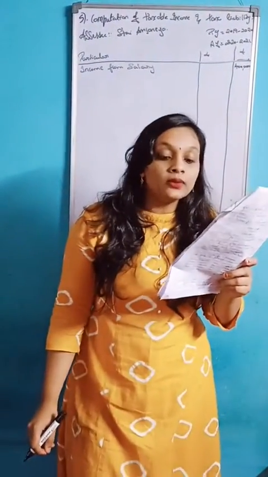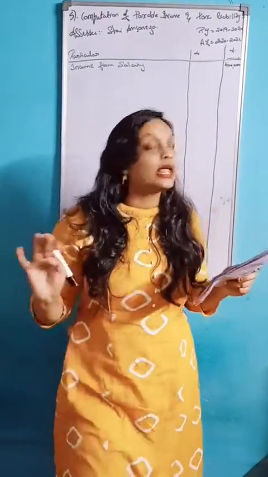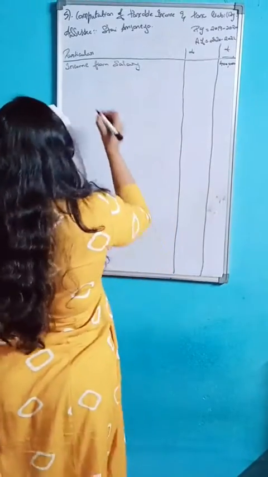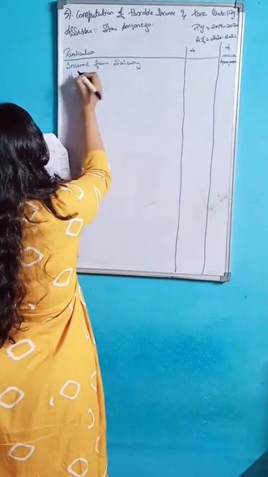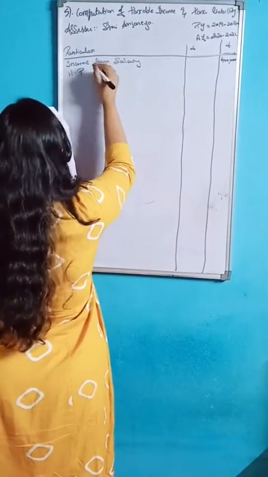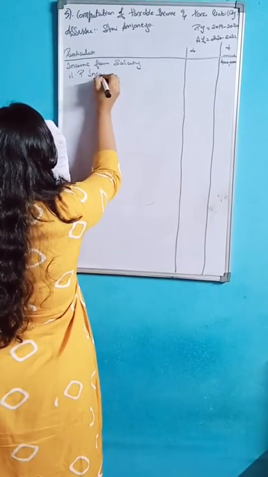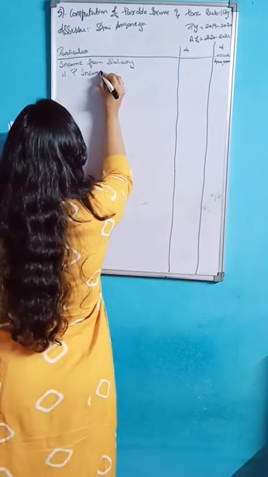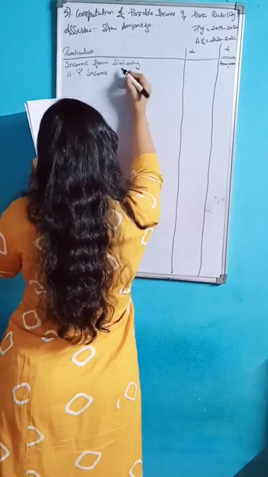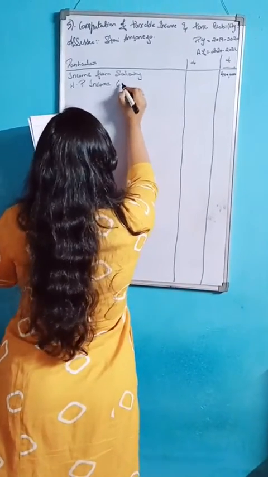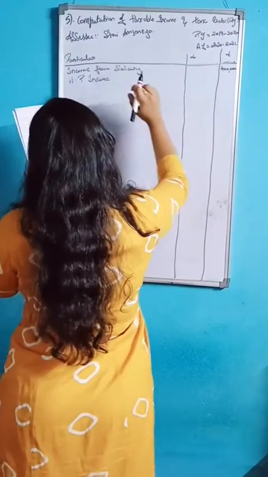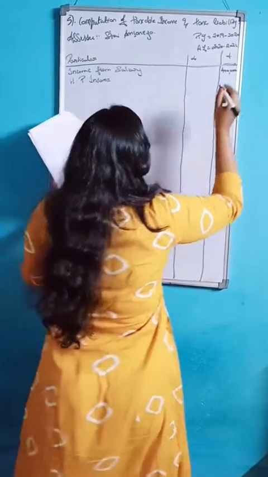Next one is house property income computed. So the question has mentioned computed, so you should write direct amount, that is rupees 2 lakh. So house property income, that is computed in the question. So house property income, that is 2 lakh.